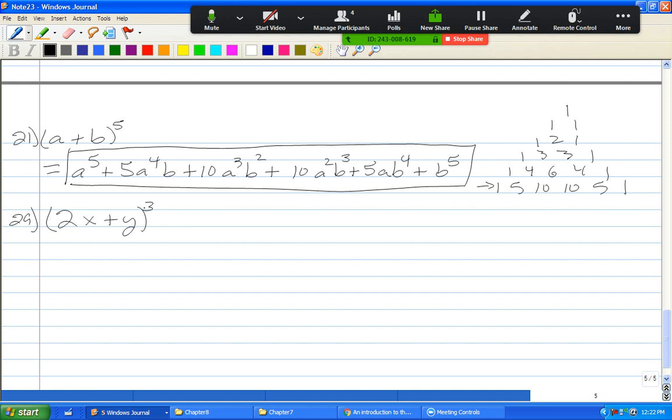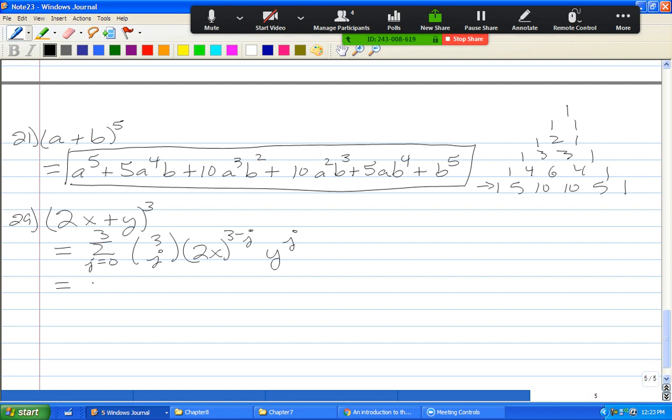Use the binomial theorem to expand each binomial. So this is the sum, j equaling 0 to 3 of 3 choose j, (2x) to the 3-j, y to the j.